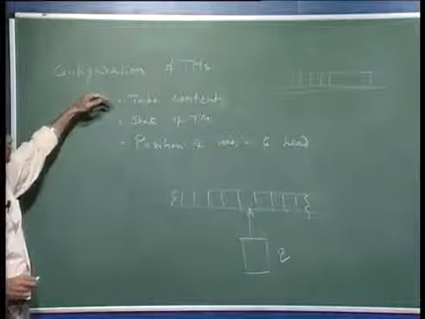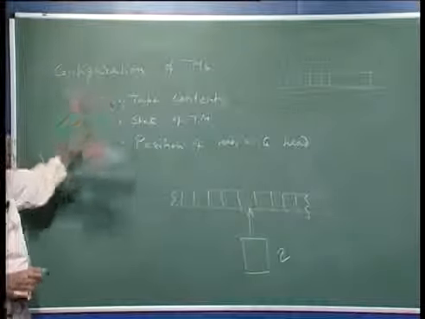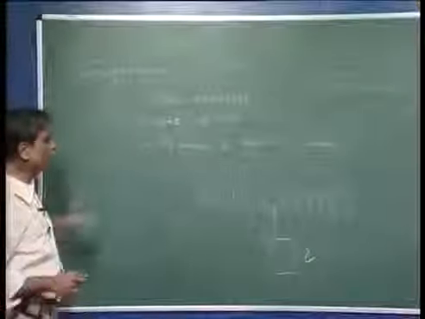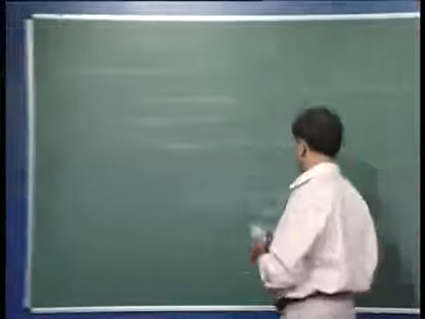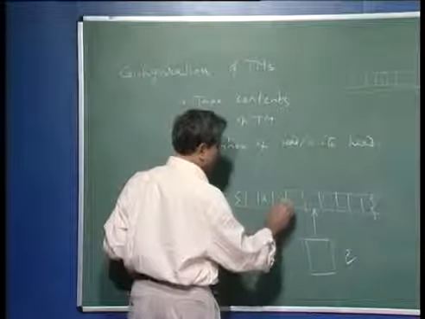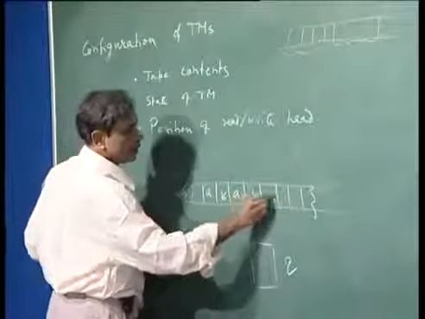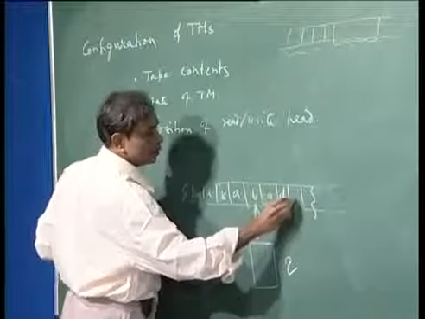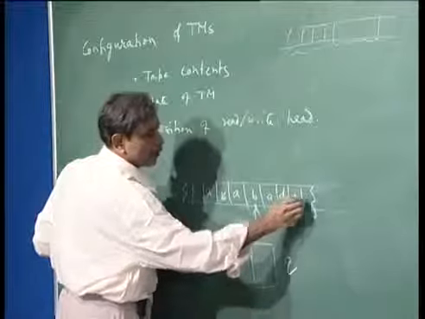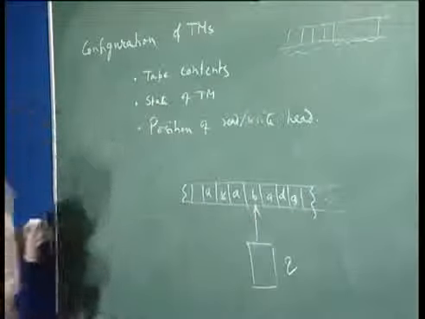So, in providing tape contents, we do not have to of course say give all the blank cells. All we do is, let us take this picture and let us say I had here A, blank, A, B, A, D, blank, let us say A, and all these cells are blank.